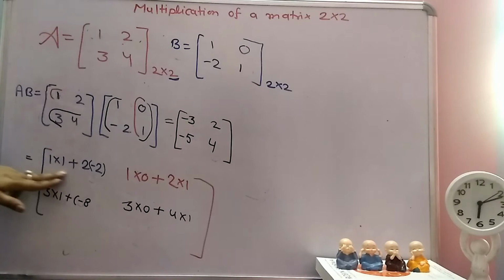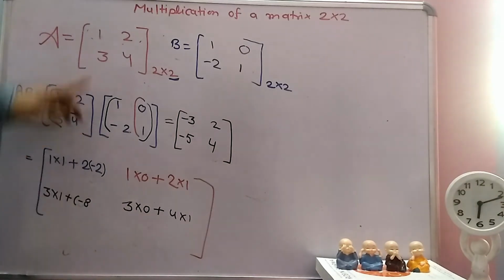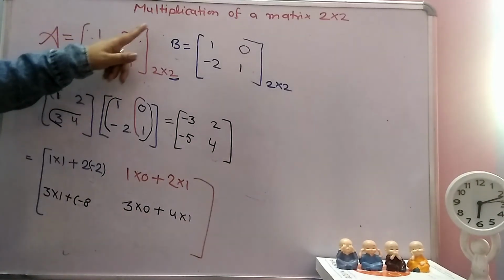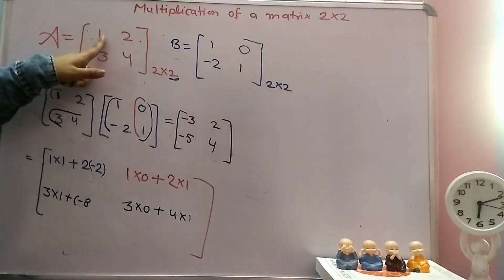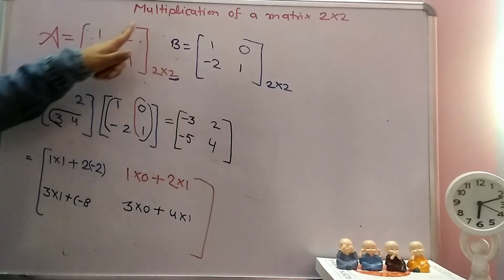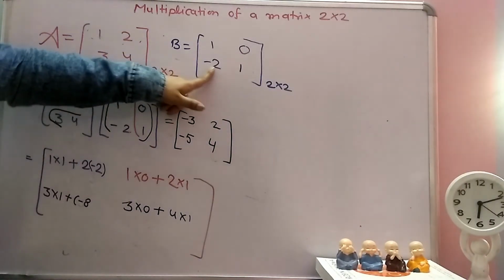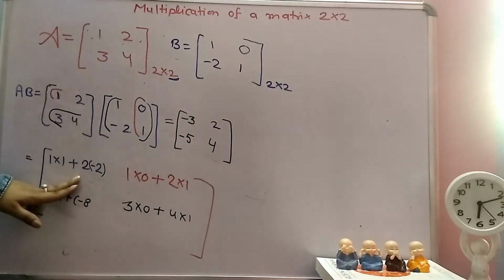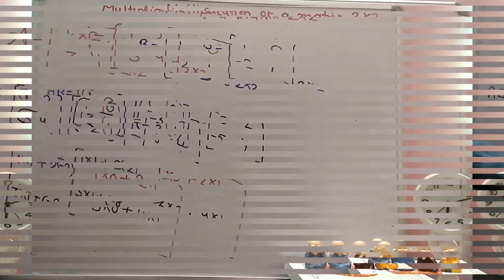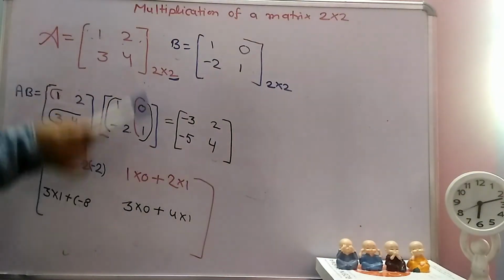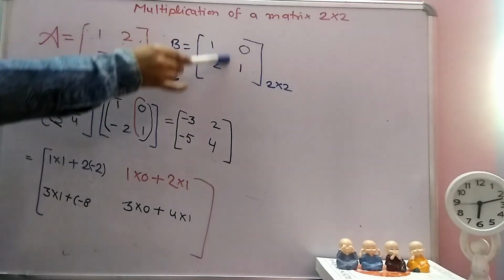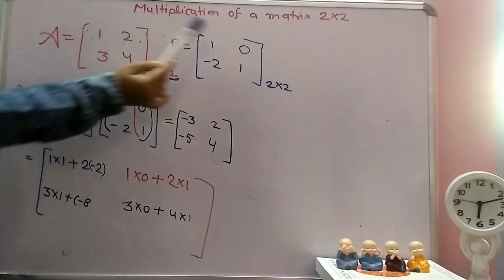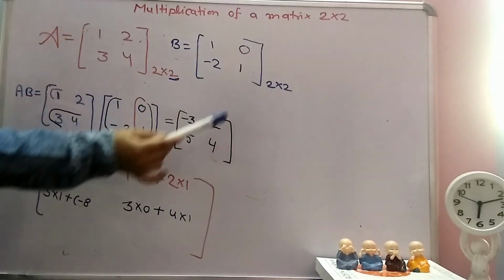Then how do we get the first element? We take the first row of this matrix and the first column of this matrix. Now we multiply 1 into 1 plus 2 into minus 2. We get the first element. Okay. Now for the second element, we take the first row of this matrix and the second column of this matrix. 1 into 0 plus 2 into 1.